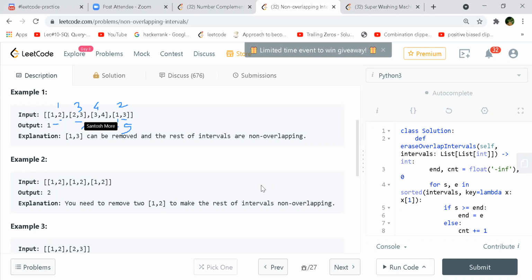And 4 is greater than 1, so that is also an overlap. Therefore we just count this number as one overlap in that case. Okay. So basically we are maintaining a non-overlapping sequence, like we assume that. Right.